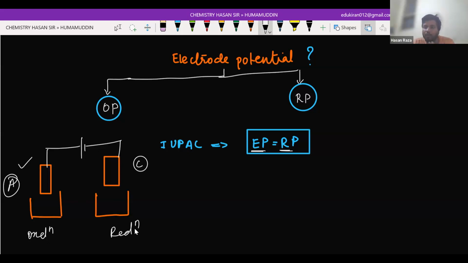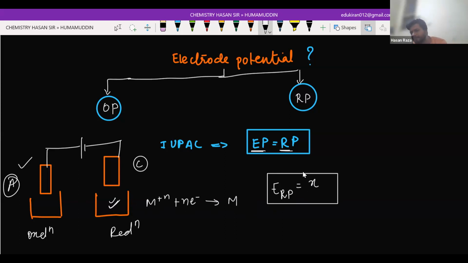Yes, sir. So if reduction is taking place here, that means M plus N gains n electrons and reduces itself into M, and it will have a reduction potential that will be equal to, let's say, x. Are you getting my point? Yes, sir. Now the next question is very important, please be focused.